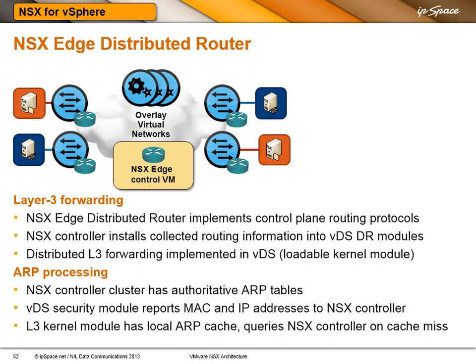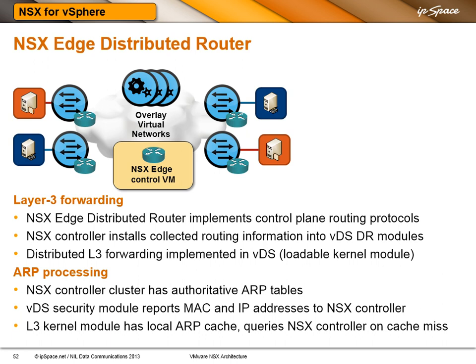The only thing it does is run routing protocols, so it can collect reachability information from the outside world. So it collects all the routing information, pushes that to the controller, which installs that information in Layer 3 modules in individual hypervisors, and then the Layer 3 modules do the distributed Layer 3 forwarding.